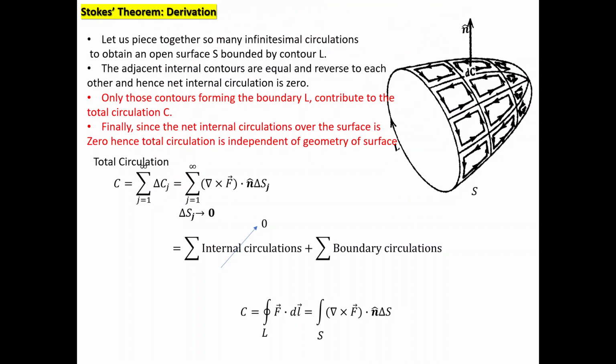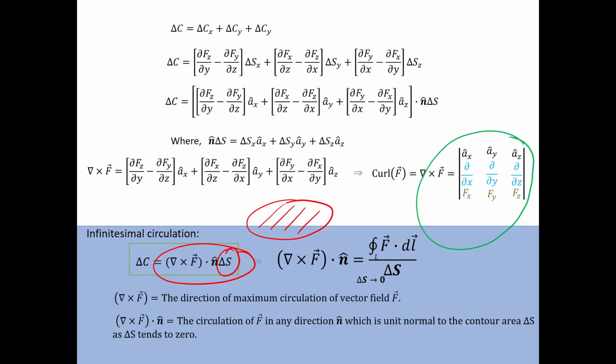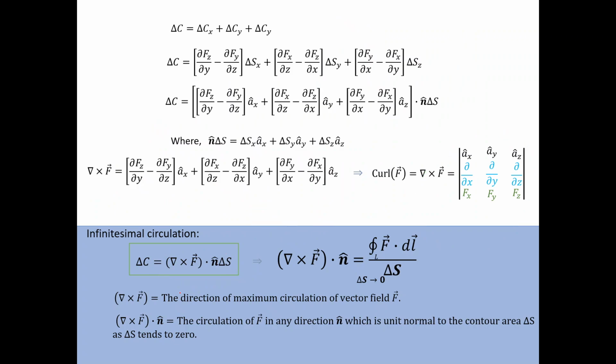Now let's see, we just calculated the differential infinitesimal circulation, very small circulation, as del cross F, which is related by the curl of F, and it is in dot product with the area vector of that particular circulation.